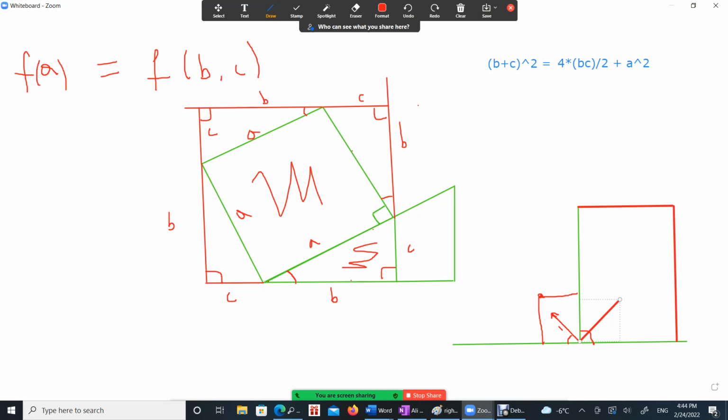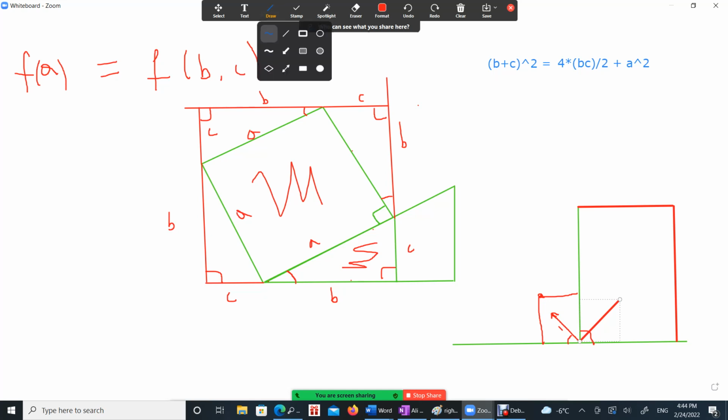If this is the zenith, so halfway between the sunset and the sunrise, this would be the sunset, and it's going this way.